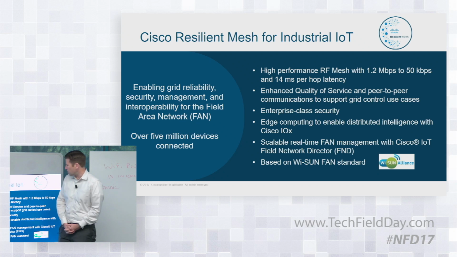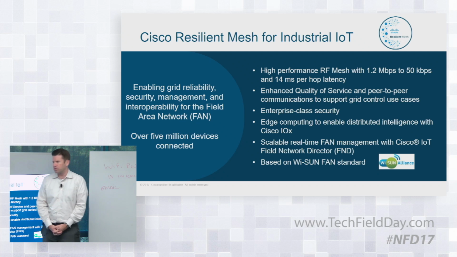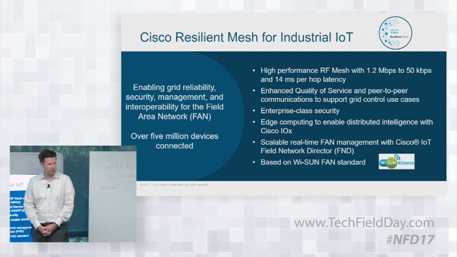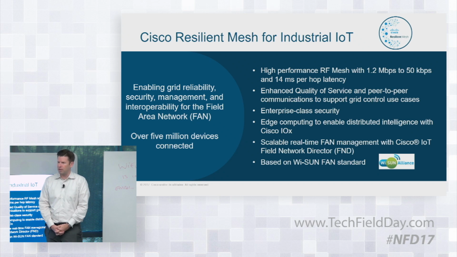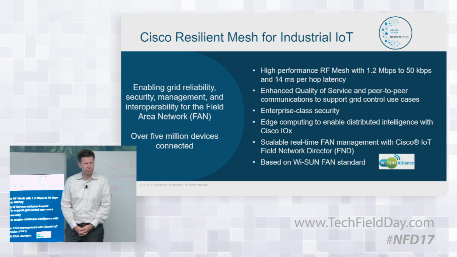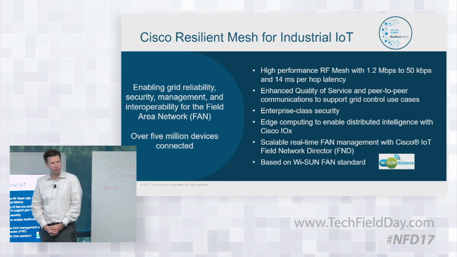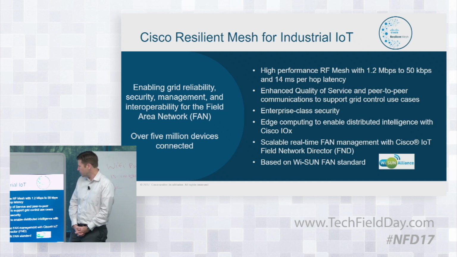This is unlicensed spectrum, the 902 to 928 megahertz band, and we do frequency hopping across 64 channels within that band. That's available throughout the Americas and most of Asia, and then there's 800 megahertz available for Europe, Middle East, Africa, and India.